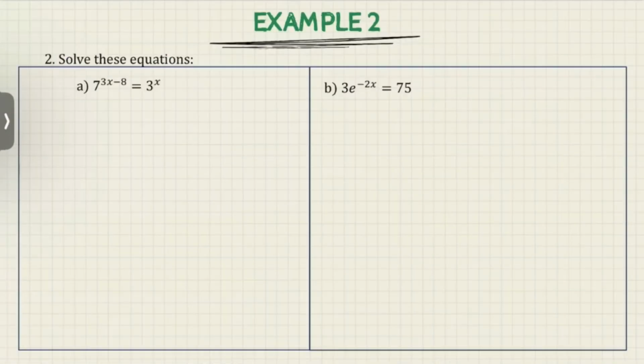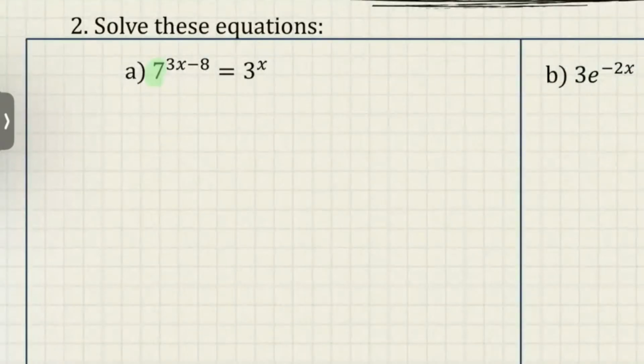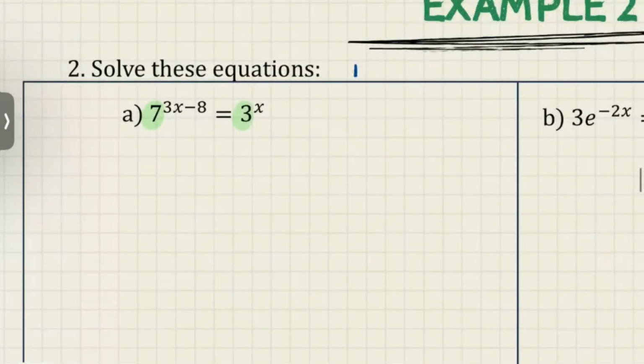Okay, now let's go through number 2. 7 to the power of 3x minus 8 equals to 3 to the power of x. Okay, so kat sini kita nampak base kita tidak sama. So number dia tak sama kan. So bila number dia tak sama, barulah kita akan gunakan method yang kedua, which is taking log on both sides.